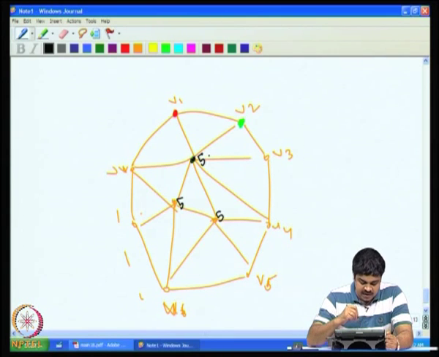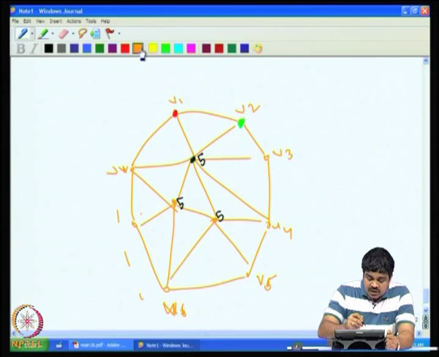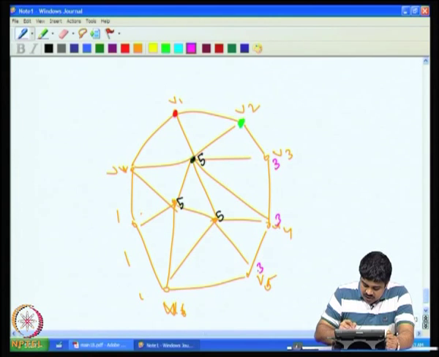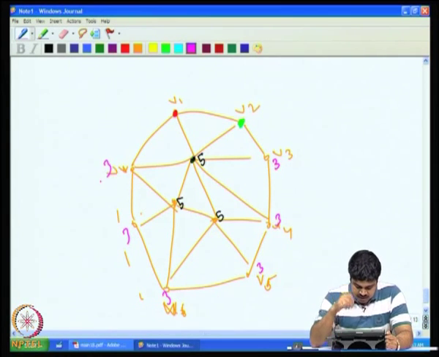Each list contains 5 colors in it, but the vertices on the face contain only, say, 3 colors, and they can be any 3. So, only 3 colors, right. It is possible that this red and green may also be part of that. V1 and V2 are already colored, those may be part of these lists, but we do not have any control on it, but at least 3 colors are there, right.